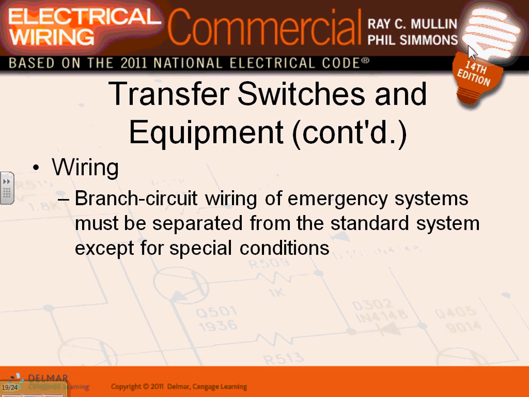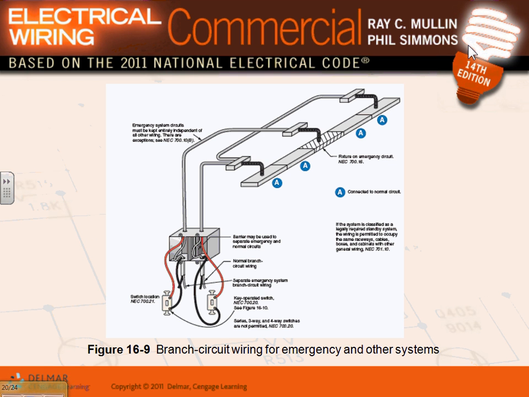We talked about how the branch circuit must be separated from the standby system, except for special conditions. The special condition is in that picture, because it's coming from there. Here's a really nice picture. You're coming with an emergency system right here, guys, and you need to switch it. You see there's a barrier here? They're in the same box, but there's a barrier between them.